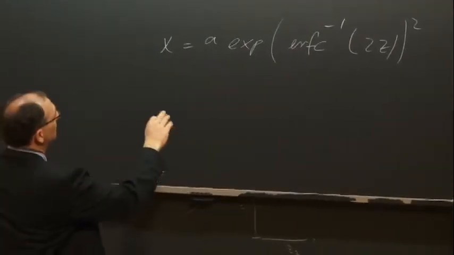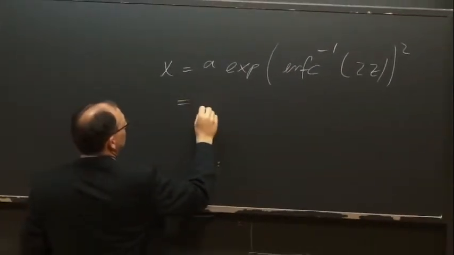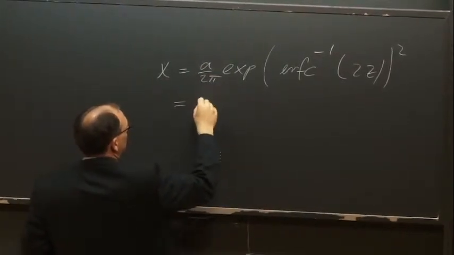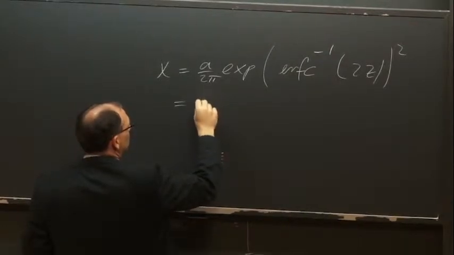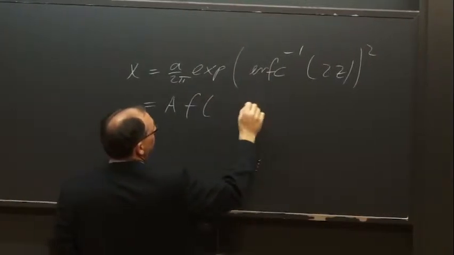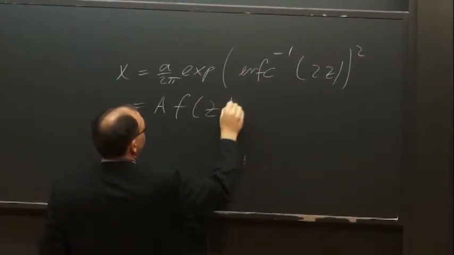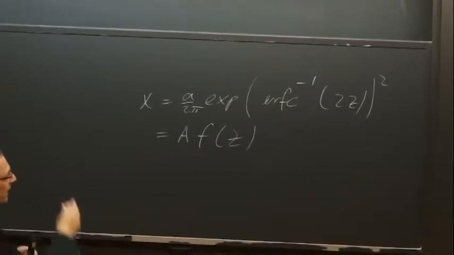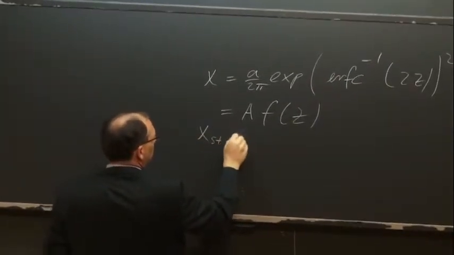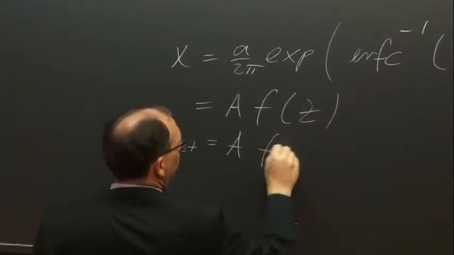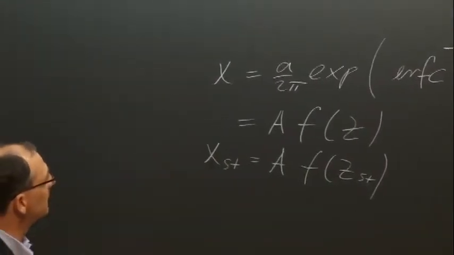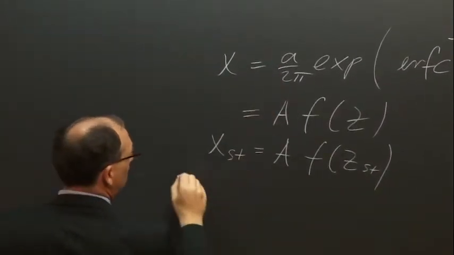And so what we want to say here is, let's say this is some coefficient, let's call this A, times f of z. Then I can write this for stoichiometric: at stoichiometric, this is A times f of z stoichiometric, and then I divide this by this to get rid of the A factor.